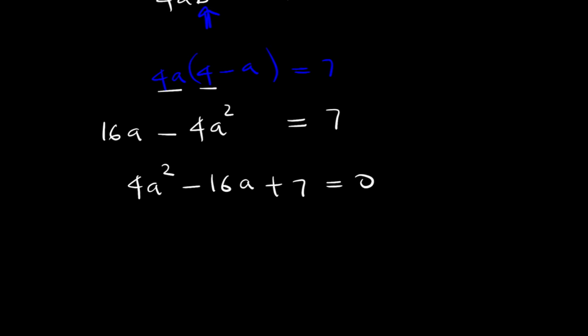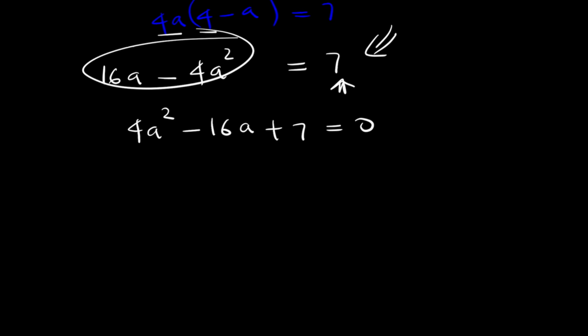What I've done to this equation here is to move everything on the left to the right hand side. That gives me minus 4a squared becomes 4a squared, plus 16a becomes negative 16a, then plus 7. So I've only rewritten it to give me 4a squared minus 16a plus 7 on the left hand side is equal to 0. We will then solve this quadratic equation for a.